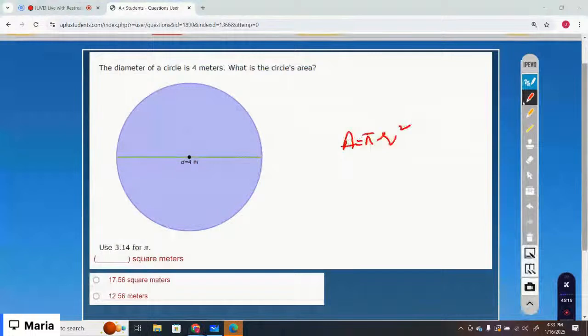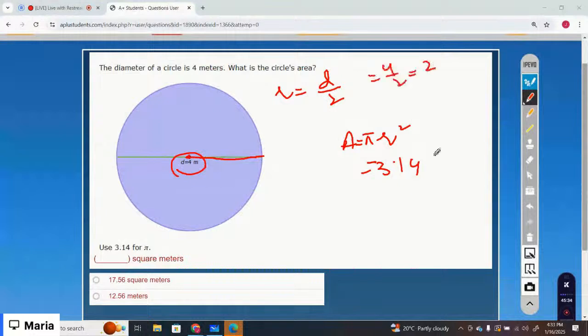Pi has the value 3.14. You are given the diameter, you need the radius. The radius equals diameter divided by 2. Basically from this point to this point, that is the radius. 4 divided by 2 is 2, so the radius is 2. Radius square is 4, and 3.14 times 4 is 12.56.